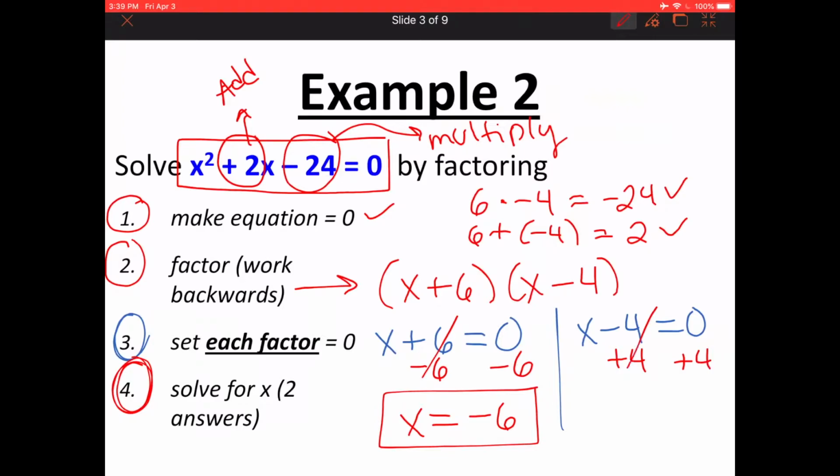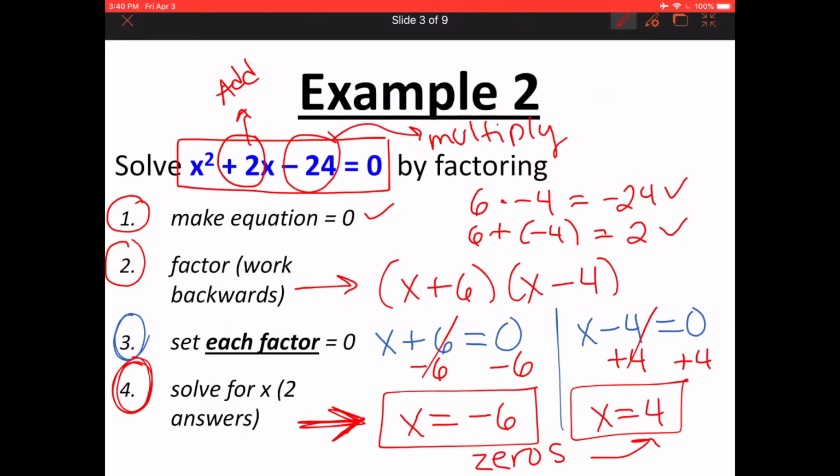I add 4 to both sides, and I get x equals 4 as my second answer. Okay, guys, so to solve this by factoring, this is what it would look like. And remember, these would also be my zeros. So if the directions ever say to find the zeros, it is the same thing as solving for x.